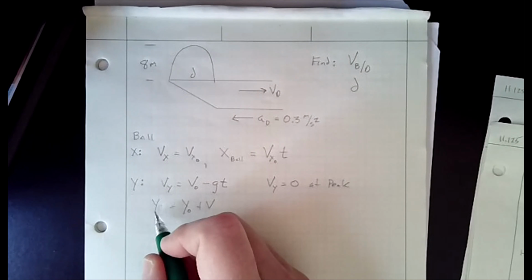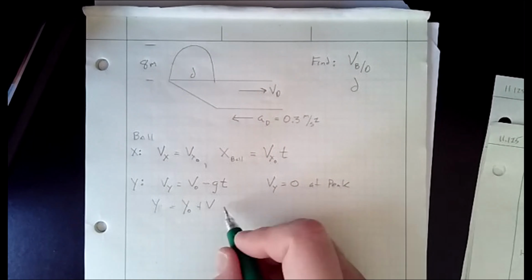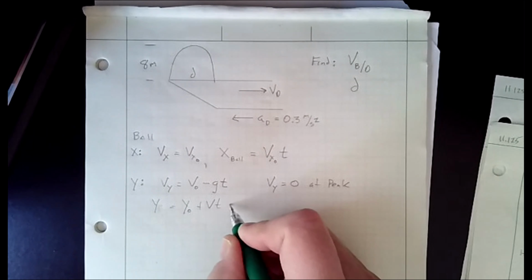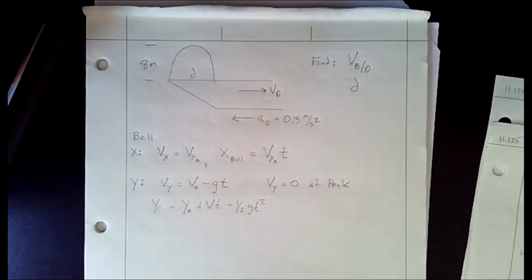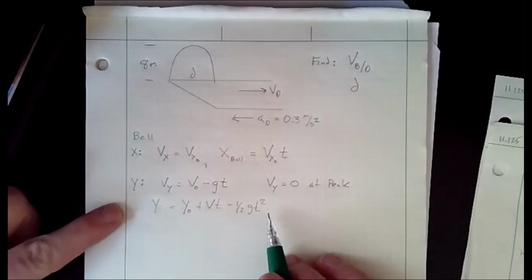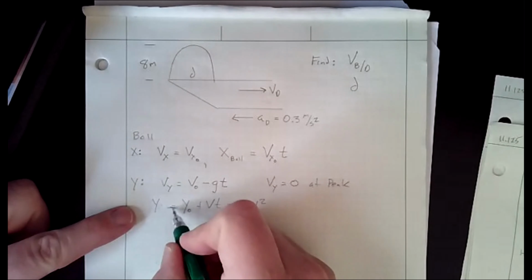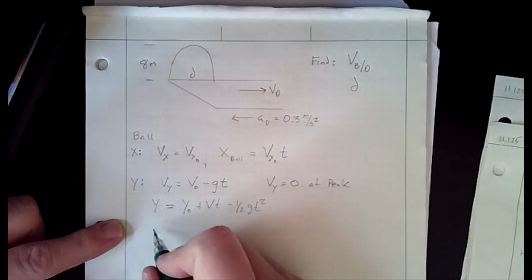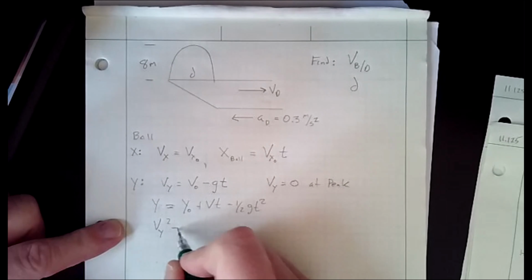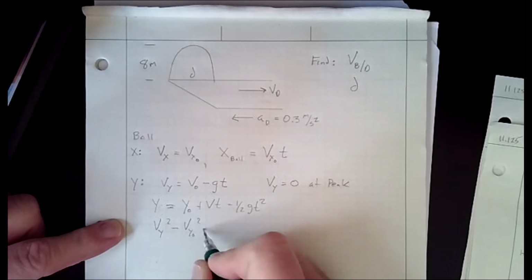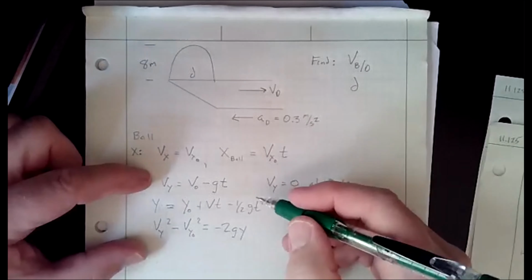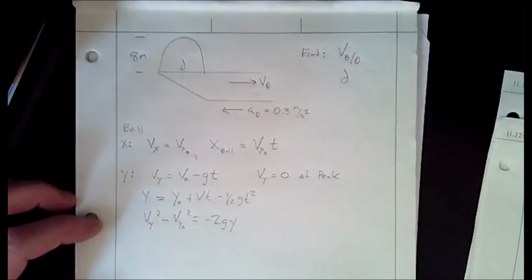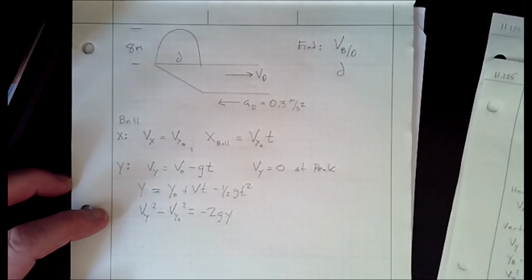So y equals y naught plus vt, minus 1/2 gt squared. We're going to hold on to this equation, but we can also write Vy squared minus Vy naught squared equals -2gy. These are basically our 3 kinematic equations that you have been using all through physics.